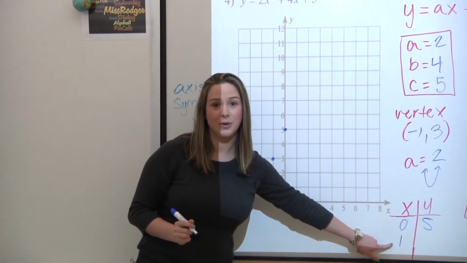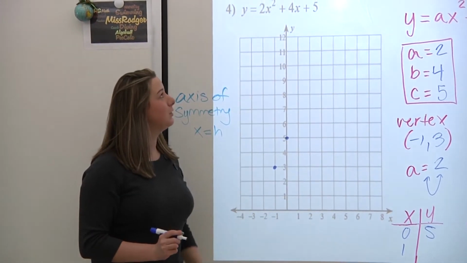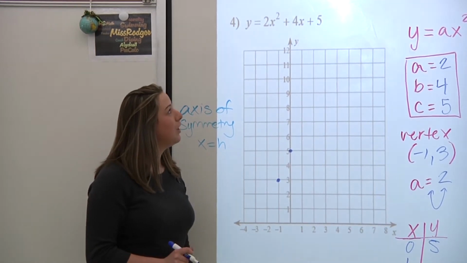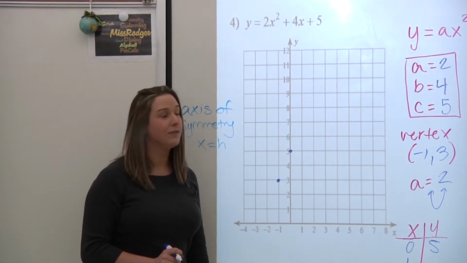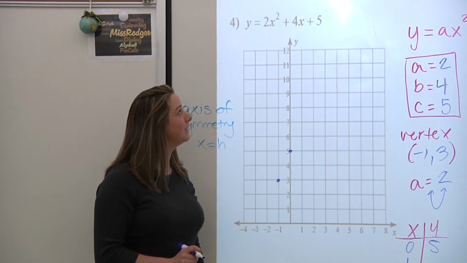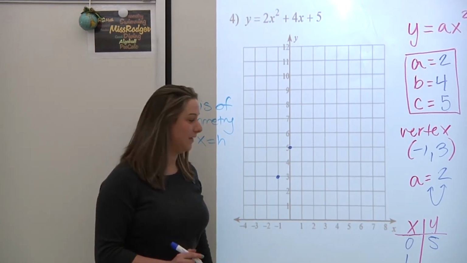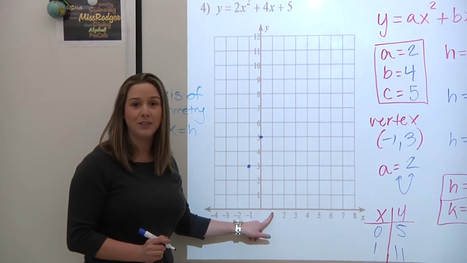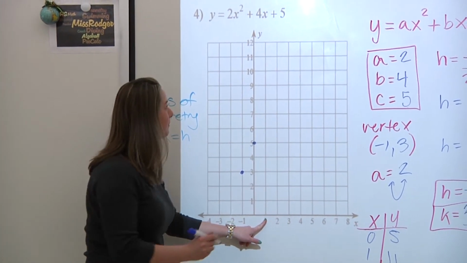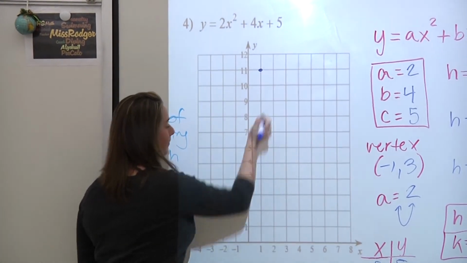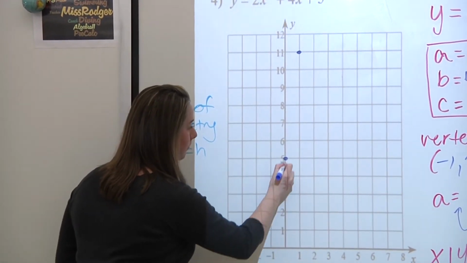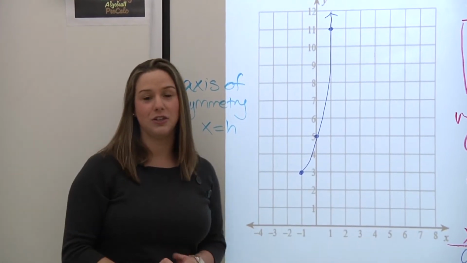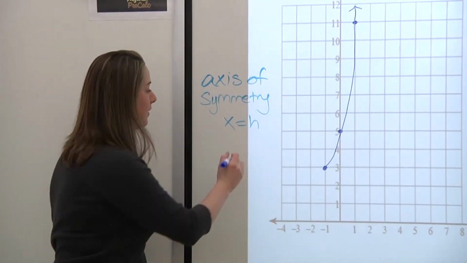Let's substitute 1 into our equation. 1 squared is 1, 1 times 2 is 2, 4 times 1 is 4, 4 plus 2 is 6, 6 plus 5 is 11. 1, 11 is a point on our graph. The axis of symmetry is always x equals h. This is a vertical line.